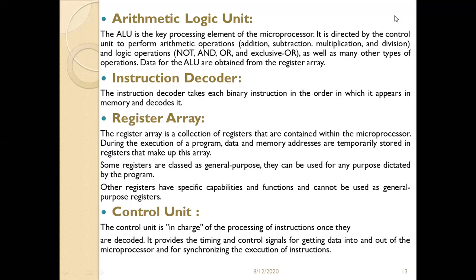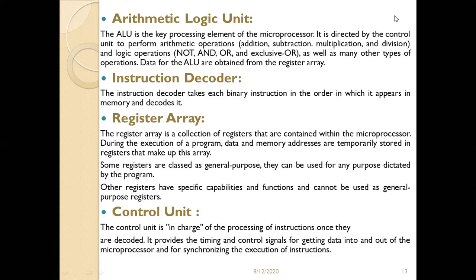The control unit sends some control signals with the help of this instruction. Now, according to this example, the data is over there. The control unit will send signals to the arithmetic logic unit to load that data and perform the addition operation. When the addition operation is performed, the result would be sent to another register, and from that register it will be sent back to the memory.